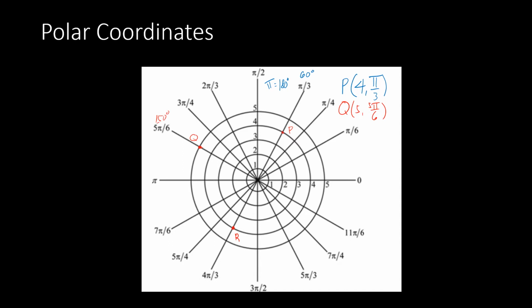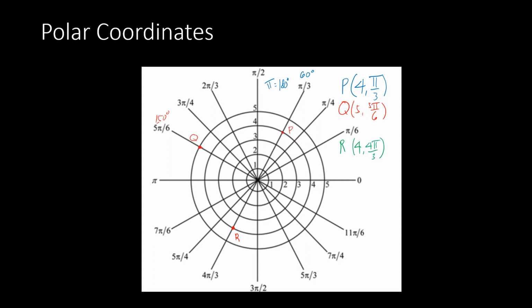And then point R is 4 units from the pole, and the angle is 4 pi over 3. So R is (4, 4 pi over 3).